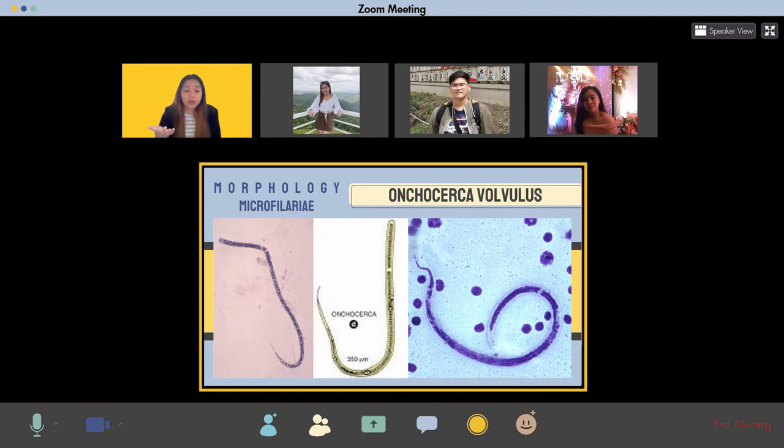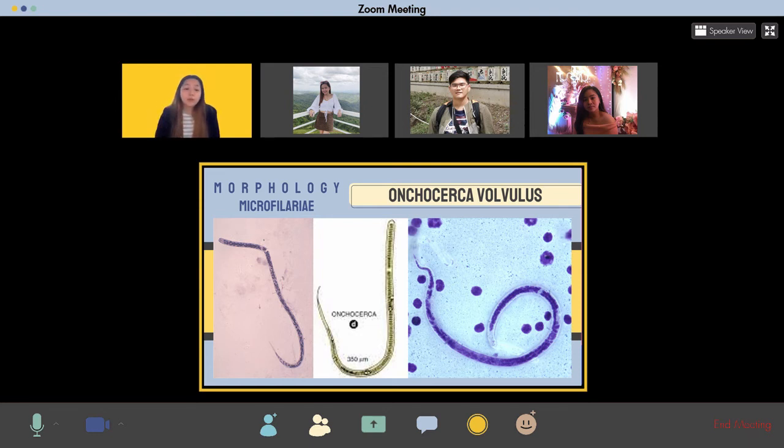So because of the unfixed position, we just have to remember the three distinct features of this microfilaria: no sheath, no terminal nuclei, and body nuclei that are distributed equally throughout the body.